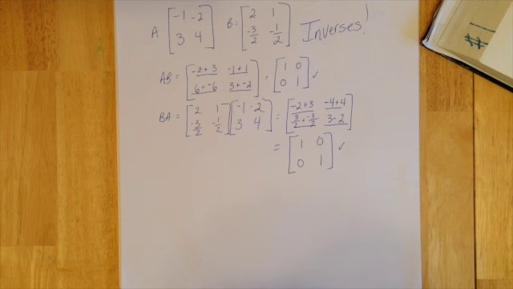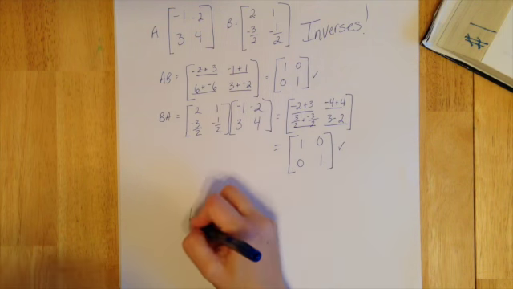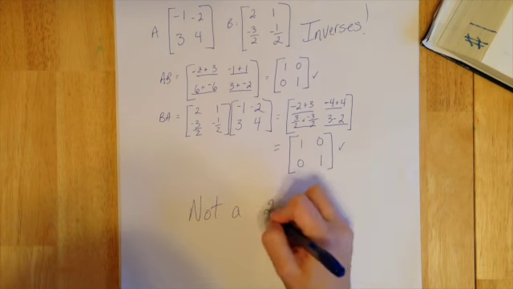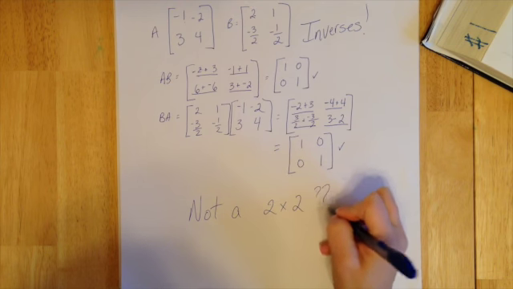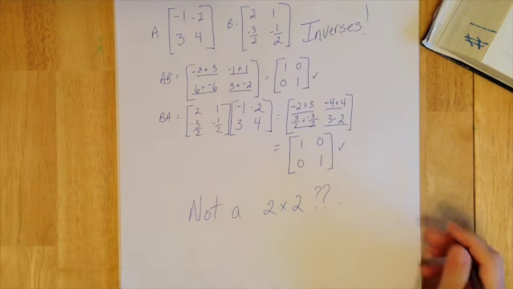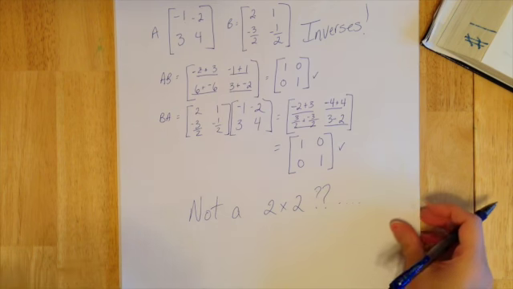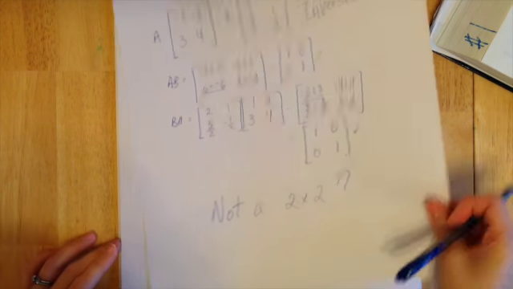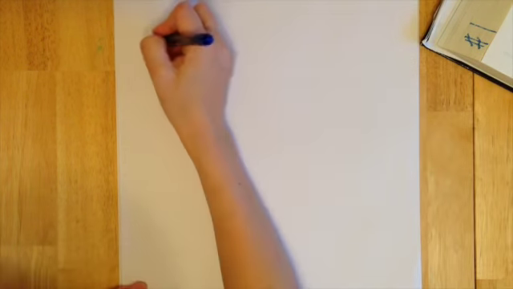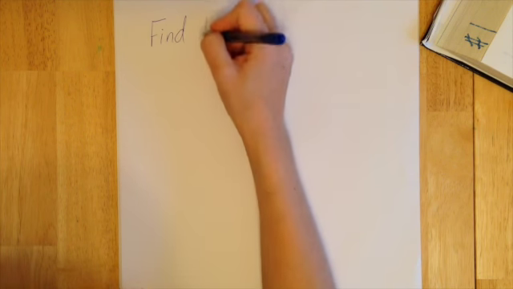So, what to do if it's not a 2 by 2? Well, to find an inverse for a bigger matrix, we need to augment it.